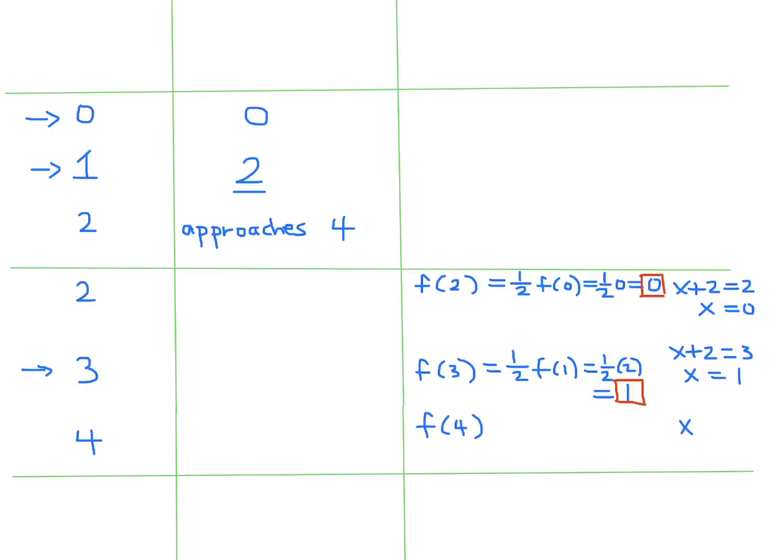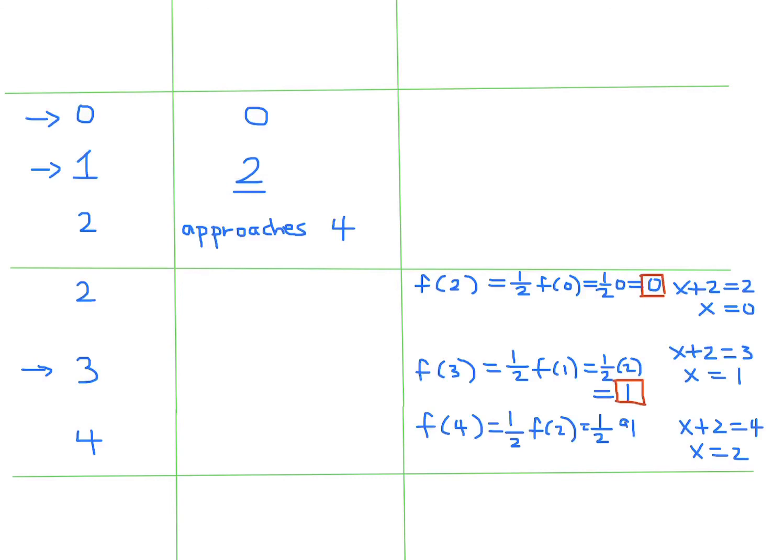F at 4, x plus 2 we have now set to 4, so x is equal to 2. So we've got 1/2 f at 2, and f at 2, be careful now, approaches 4.